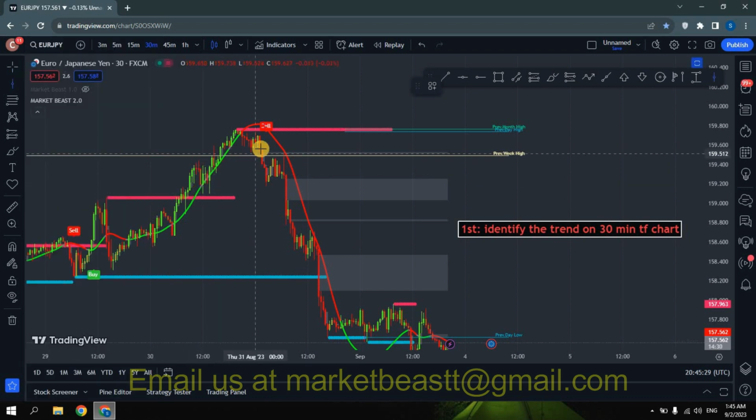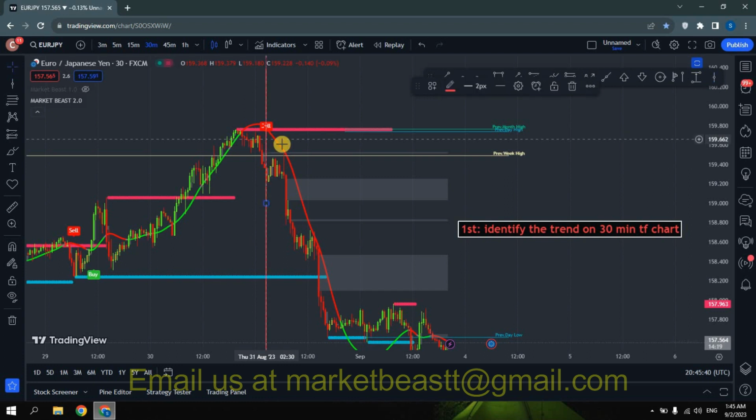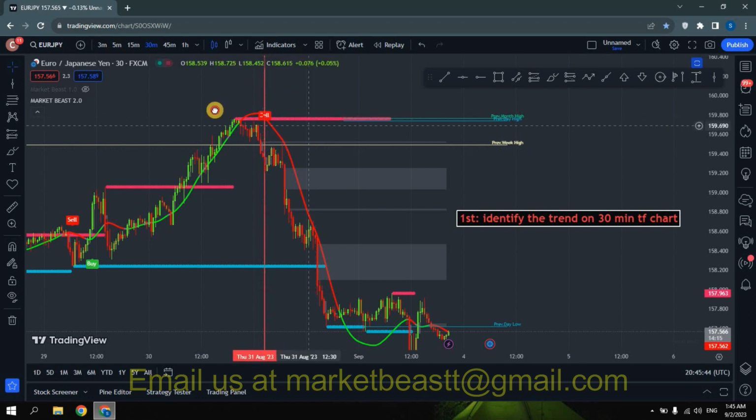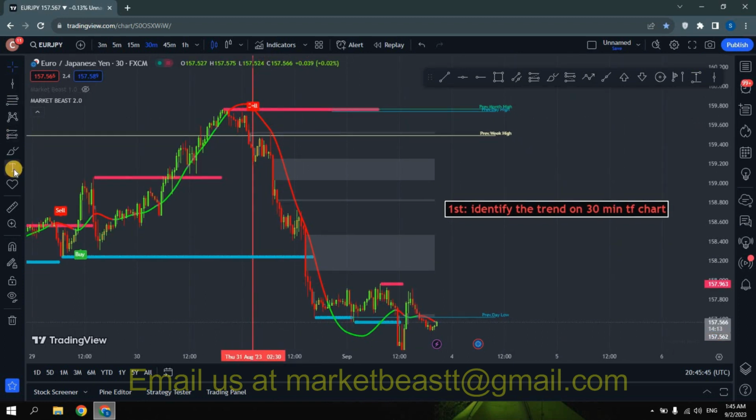Alright, we got our last signal on Market Base 2.0 here, which is sell. So I'm going to draw a vertical line here. It will tell us that from here till now we are in a downtrend.